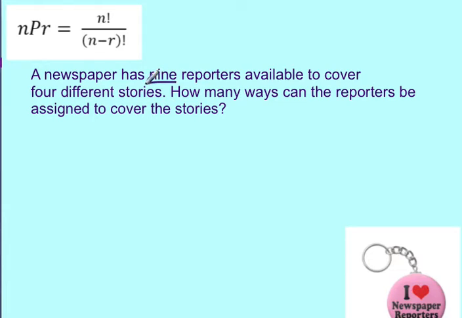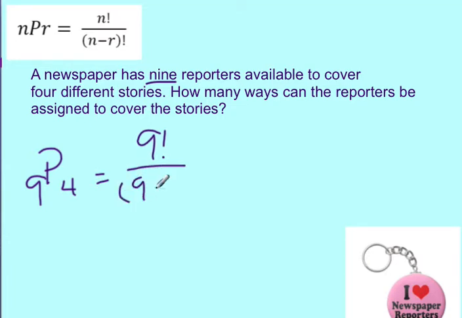So we have 9 total reporters, but we only have 4 stories that we can hand out. So we have 9, and we need to pick 4, and the order does matter. So on top, we're going to have 9 factorial, and then that's going to be divided by 9 minus 4 factorial. So then I get 9 factorial divided by 5 factorial. Again, think about this logically.